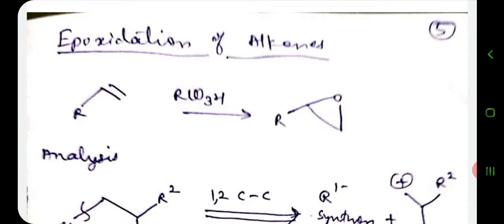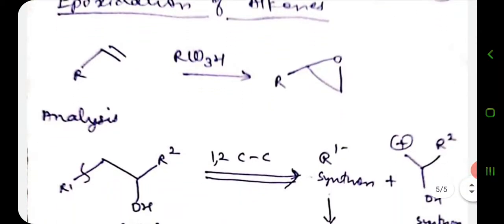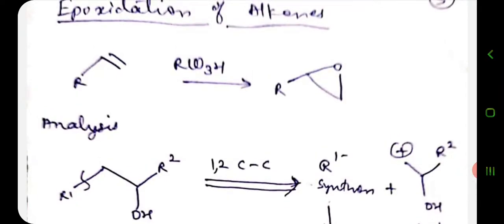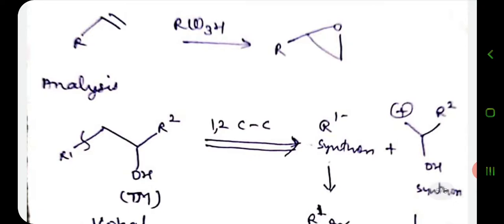Epoxidation of alkenes. Epoxides are usually made this way, with the peracid acting as an electrophile. We can explain this with the analysis and synthesis of this reaction. The retrosynthetic analysis of the alcohol given in the reaction proceeds as below using a 1,2 C-C disconnection.